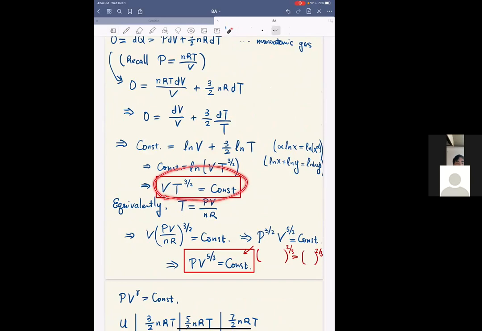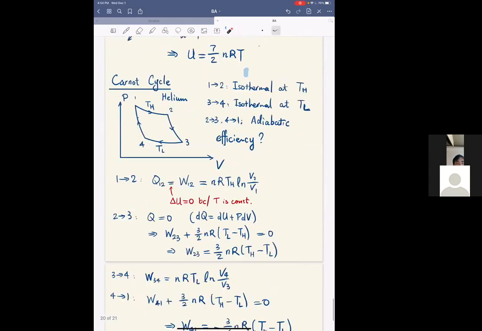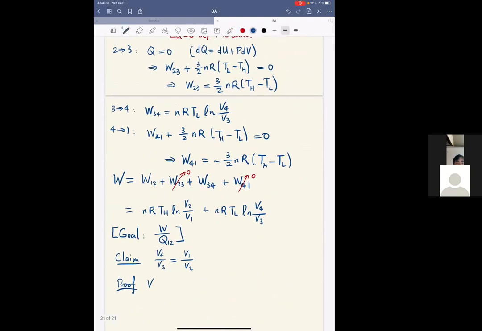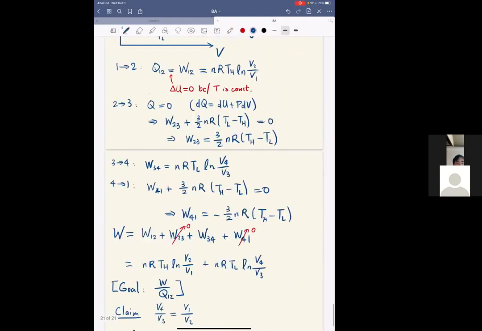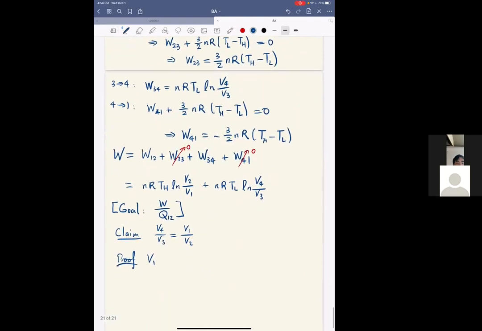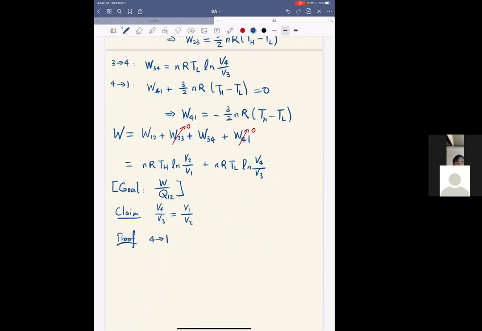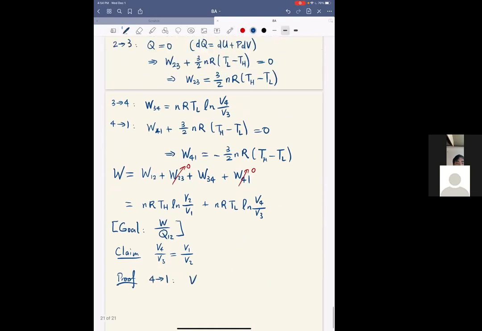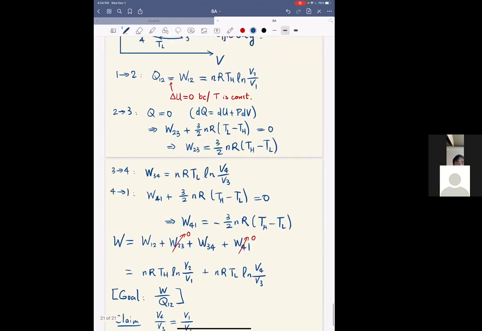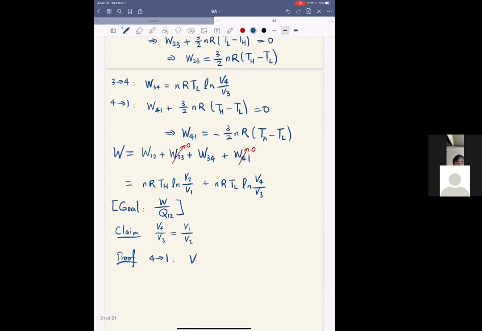Look carefully at this one. From process 4 to 1, it's adiabatic. So we know V1 times TH to the 3/2 equals V4 times T low to the 3/2.